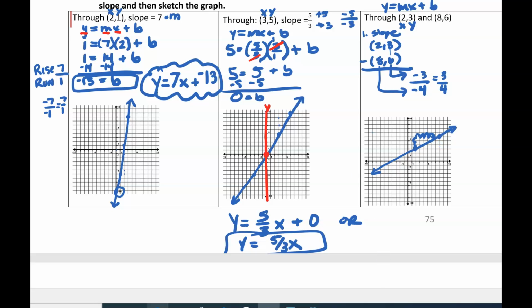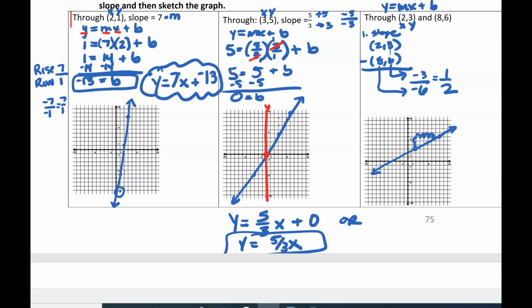Let me see here. Oh, I see where my mistake is. 2 minus 8 is not negative 4. Whoops, it's negative 6. And this is why it's great to do this both with algebra and then visually, because we can check our work. So 3 divided by 6 is 1/2. So let's just double check that again.